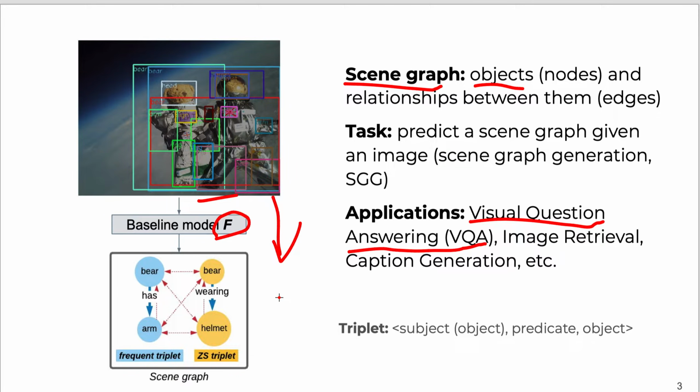So in contrast, once you first predict the scene graph, then it's much easier to predict the answer from this semantic form.